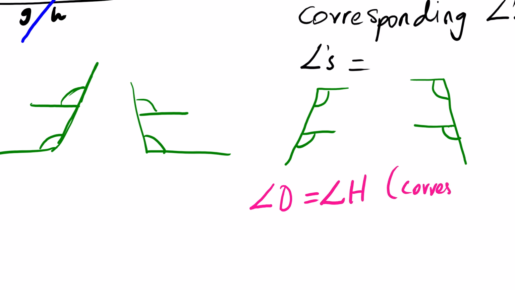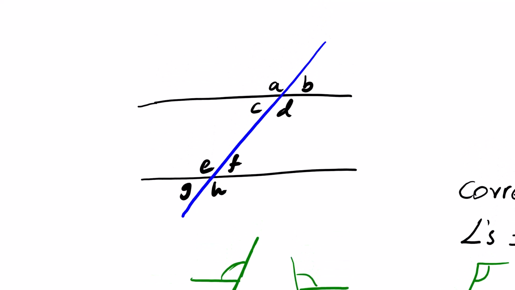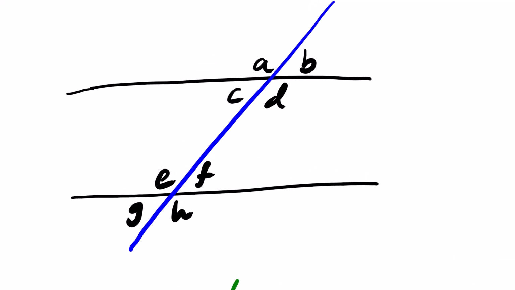Why? Corresponding angles. We can identify another F. So this angle and this one are equal.